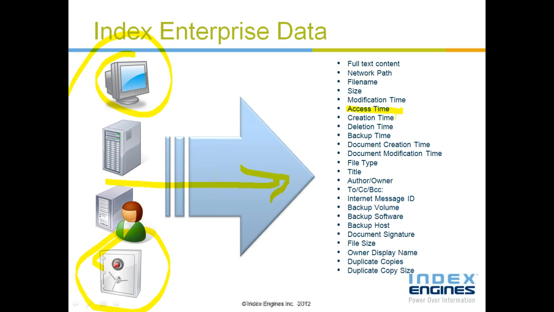I want to move that to a different tier of storage, which could be a cloud environment, which is maybe less expensive. Show me the author of the content, and I can compare that to the ex-employees and find how much data we're storing from ex-employees and what content can be purged out. So a lot of these metadata parameters are very useful in developing policy and developing the action plan.